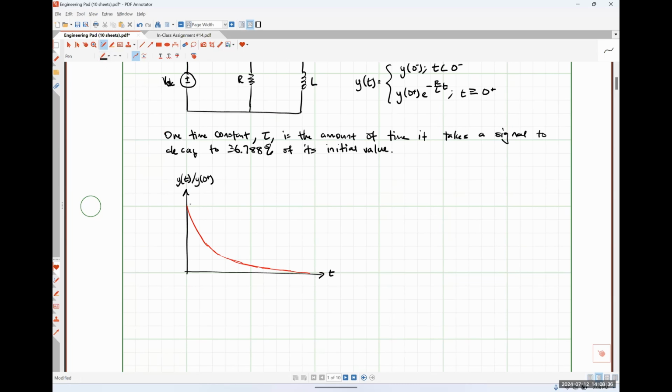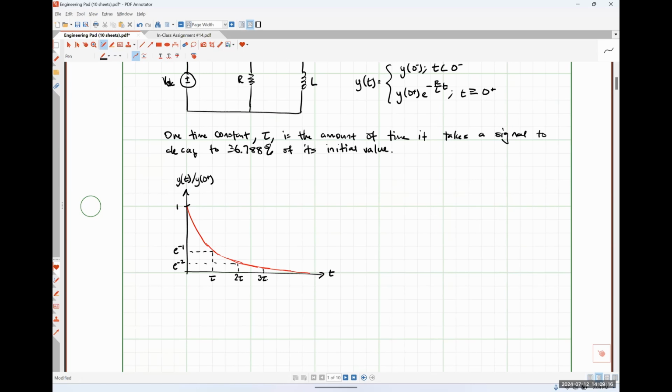So at this point along the curve, we're at exactly 1. At somewhere around this point right here, we're out to 1 single time constant. So this looks like whatever e to the minus 1 is, which is 0.36788. Let's call right here to be 2 time constants. And so this value would be e to the minus 2, and we could keep on going for 3 time constants and so on and so forth.